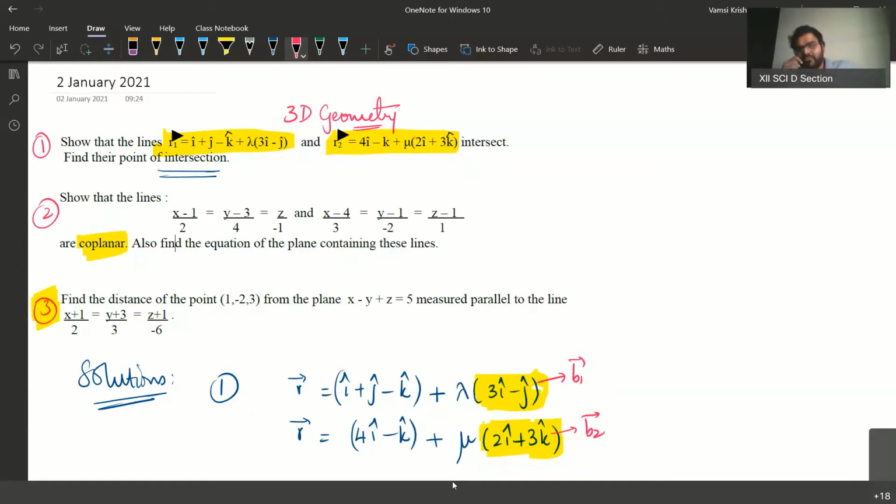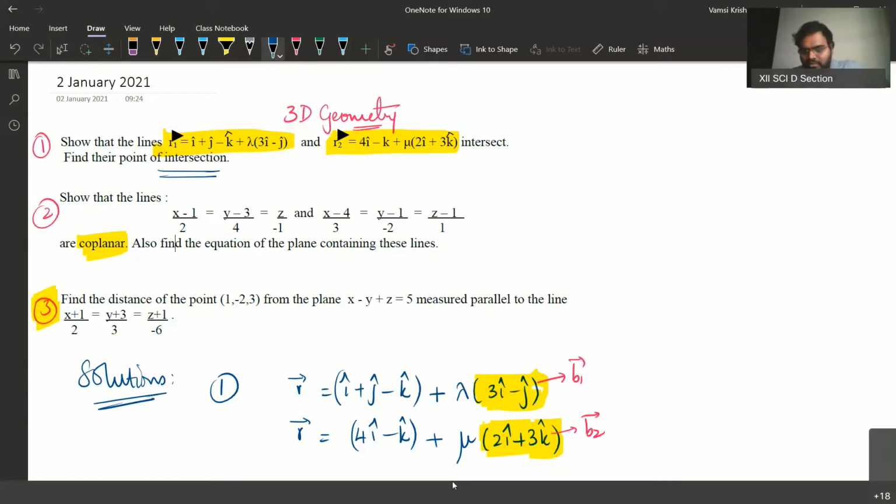Now, if you show that the distance between these two skew lines is 0, then it has to intersect. Correct? Does that make sense, students? Yes, sir. I'm only talking about the condition. I'm not telling anything about the point of intersection.